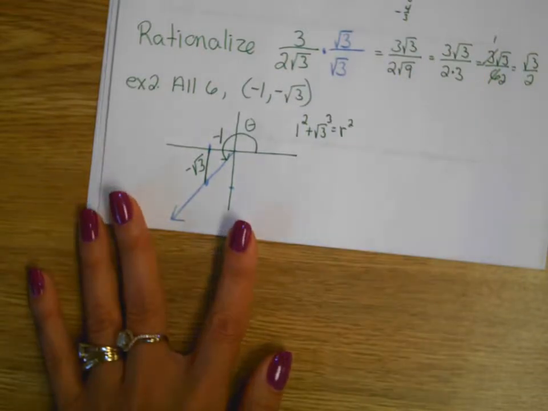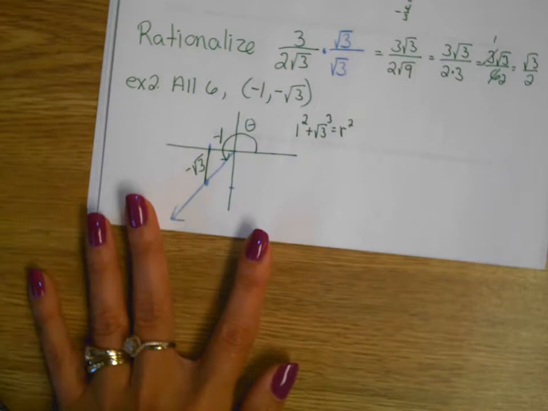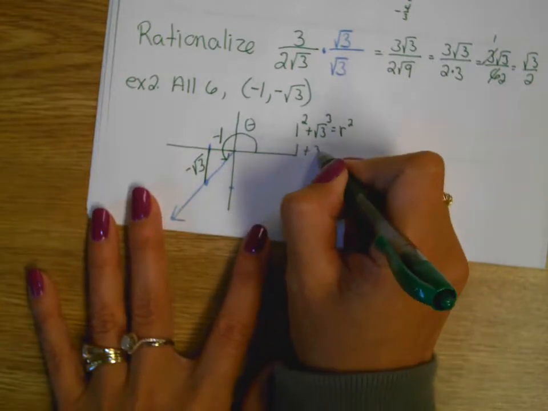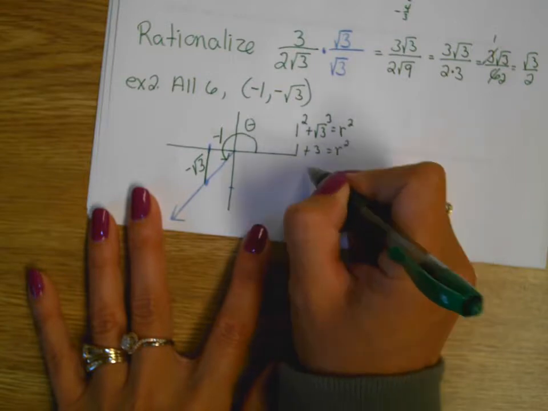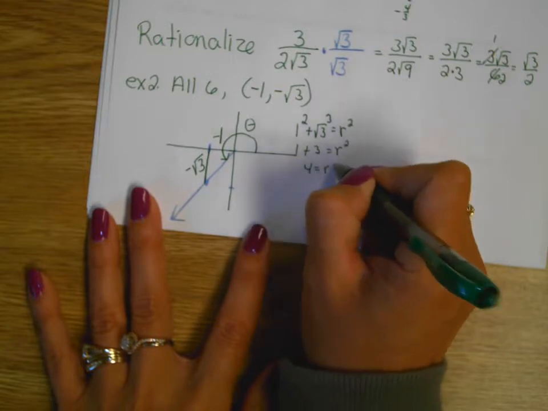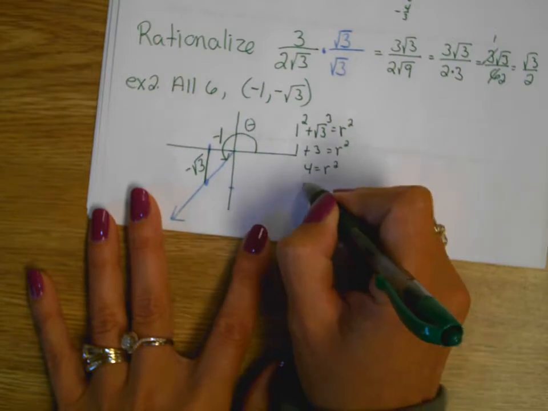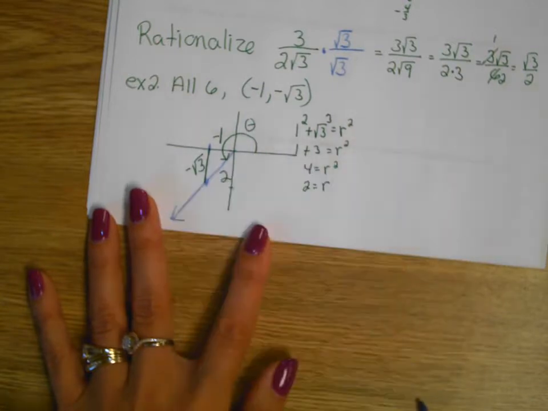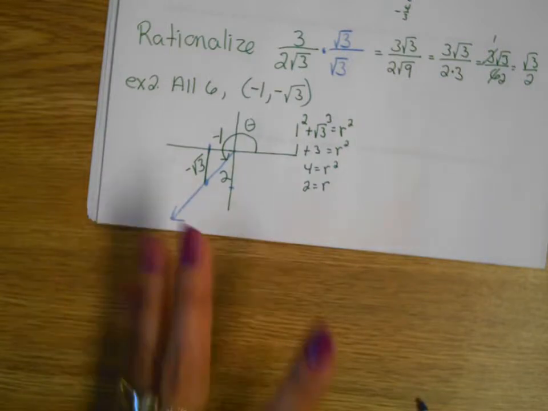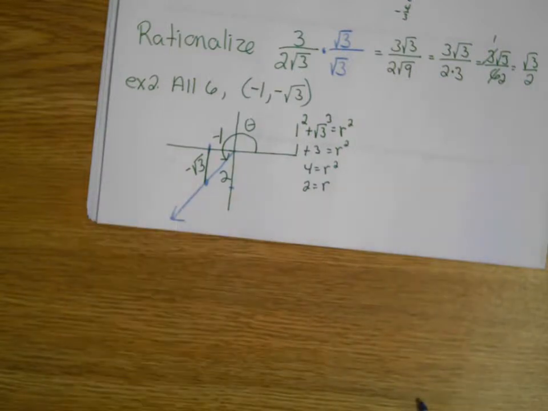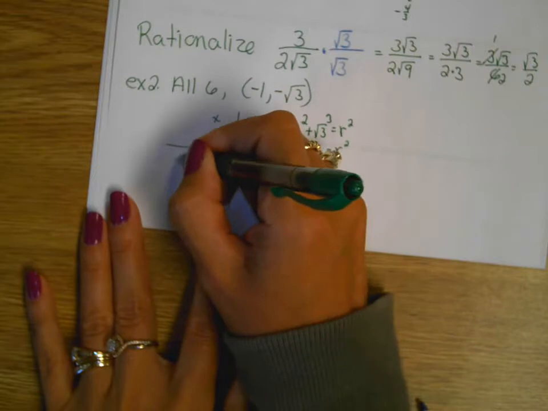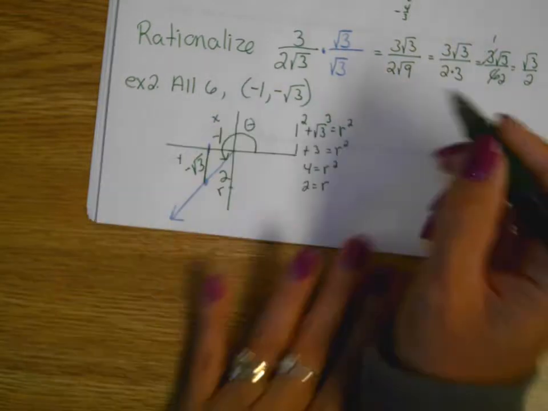I throw away the negatives because anytime I square it's going to come out positive anyway. So our r value is 2. So our point is actually 2 units away from the origin. Okay. X, Y, R. Now it's all 6 ratios.